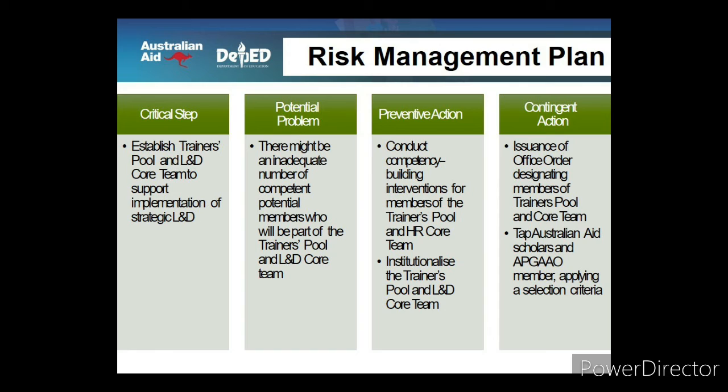Under preventive action, conduct competency building interventions for members of the trainers pool and HR core team, and institutionalize the trainers pool and learning and development core team. Under contingent action, issuance of an office order designating members of the trainers pool and core team, top Australian Aid scholars, and members applying a selection criteria.